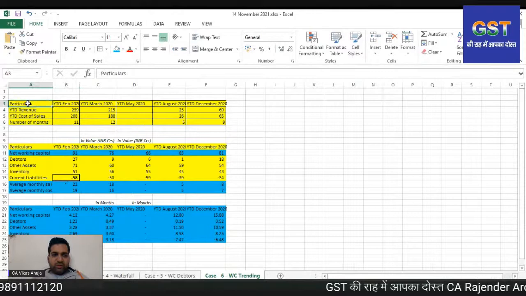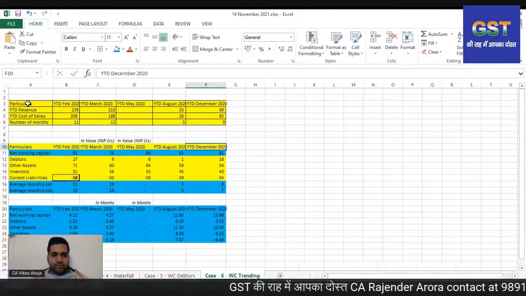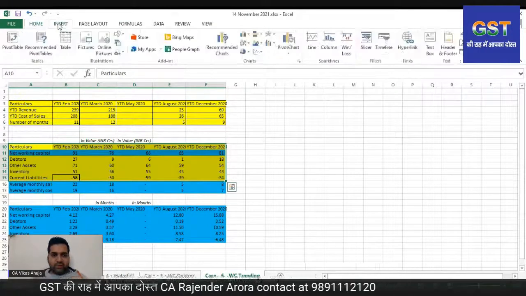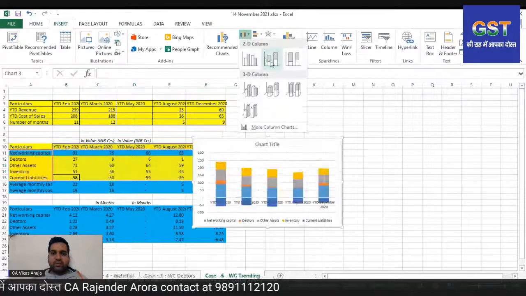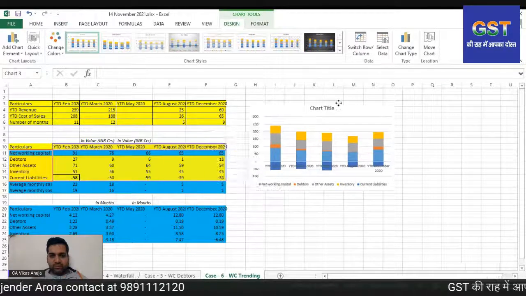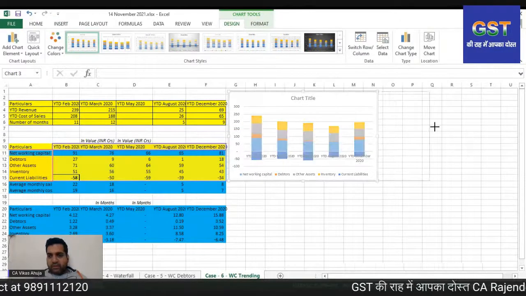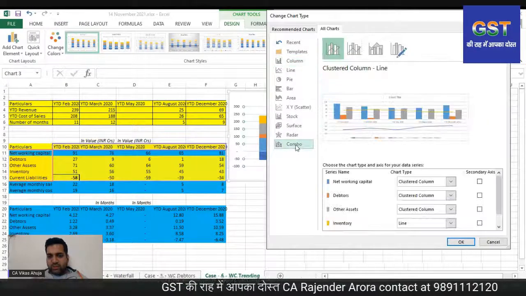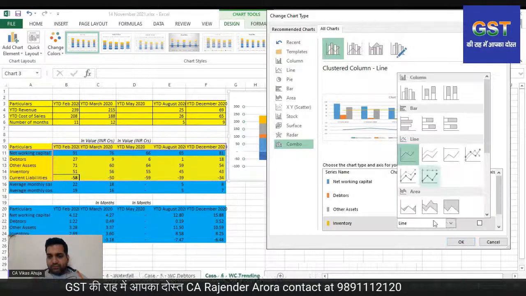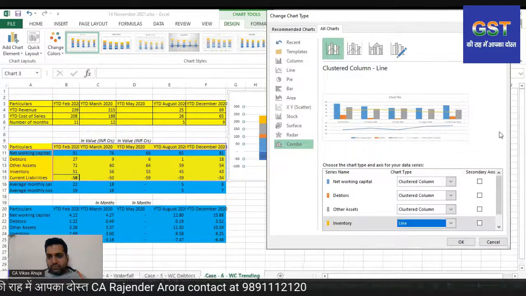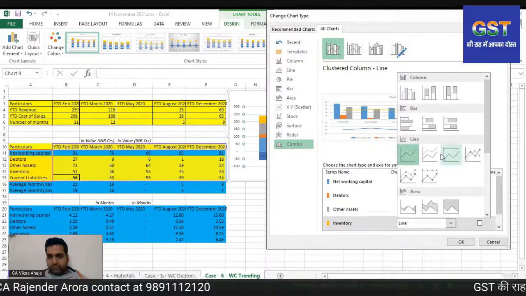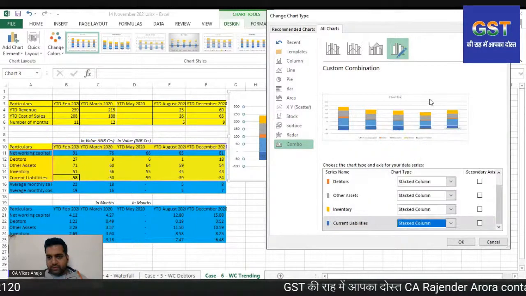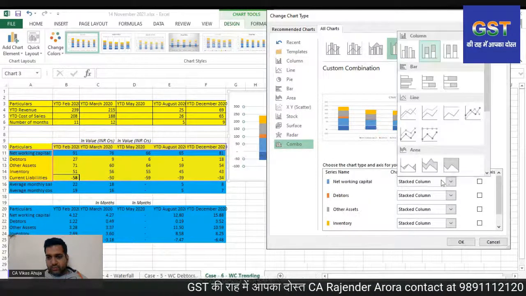From here, we drew this. We selected this one, inserted this graph, a bar graph, and then we change the chart type, go to combo, clustered, stacked column, stacked column, net working capital.